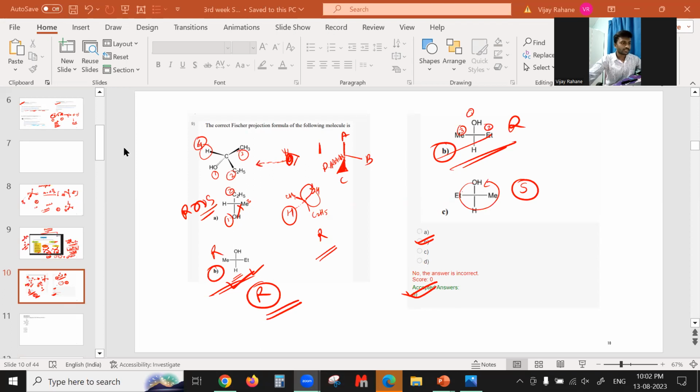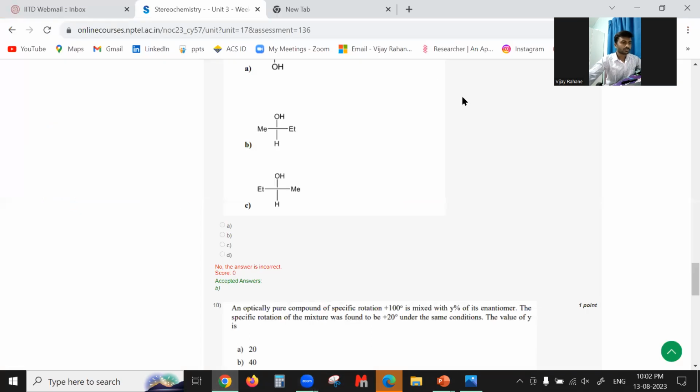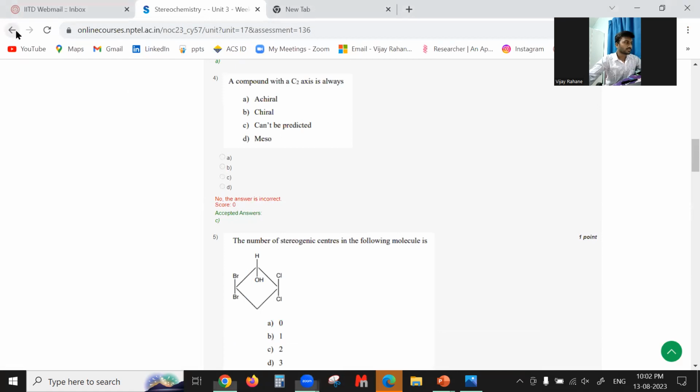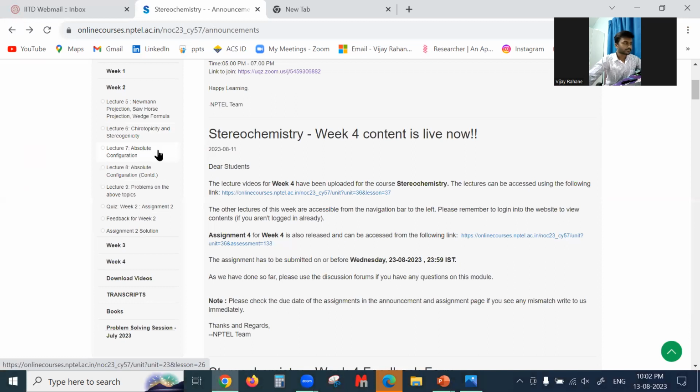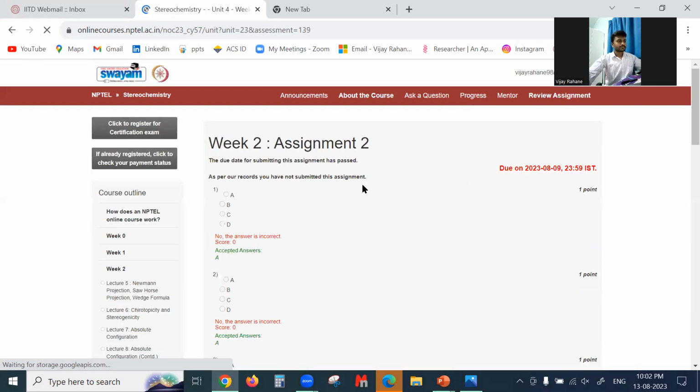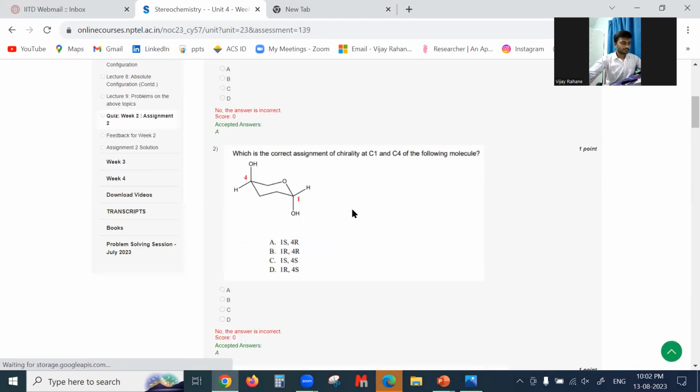The question, sorry, question 2 in assignment 2. All right. We'll go for question 2 in assignment 2. Oh, this is assignment 1. All right, so this is the question. The correct assignment of chirality to the C1 and C4.